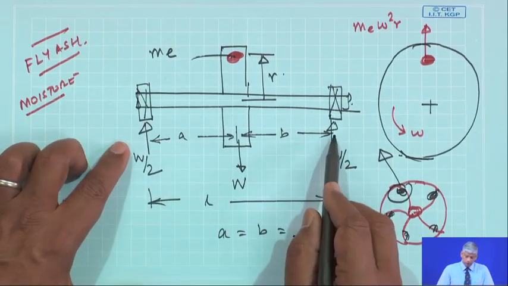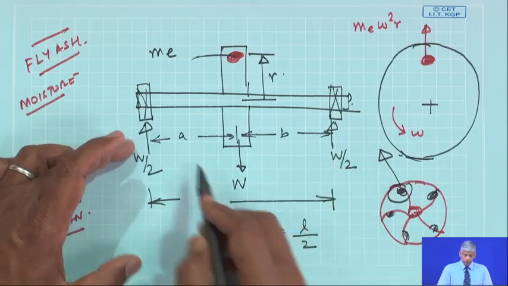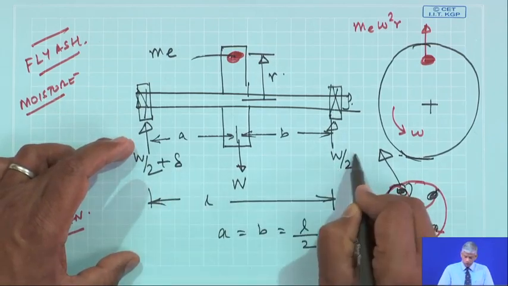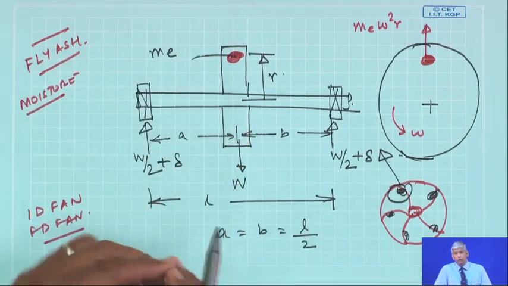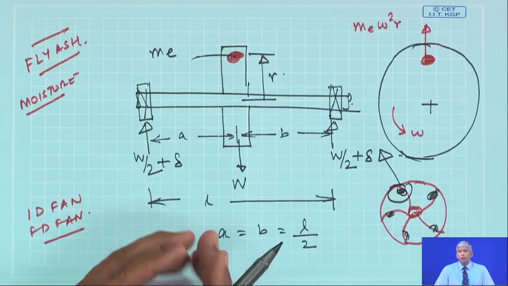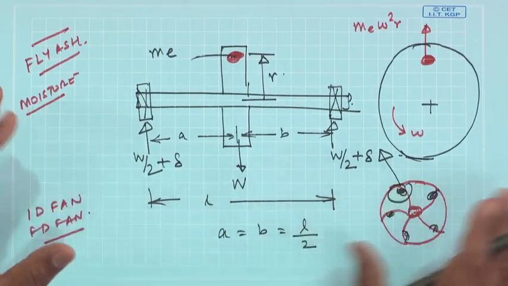The bearings, because they are running for a certain life, the extra load which comes because of the unbalanced mass is going to reduce the dynamic load capacity of the bearing. So, bearings will fail at a time which is much less than the life of the bearing. So, all these scenarios happen.